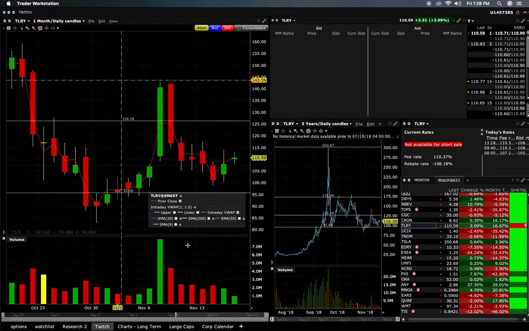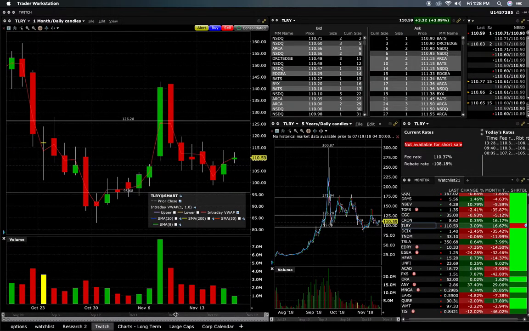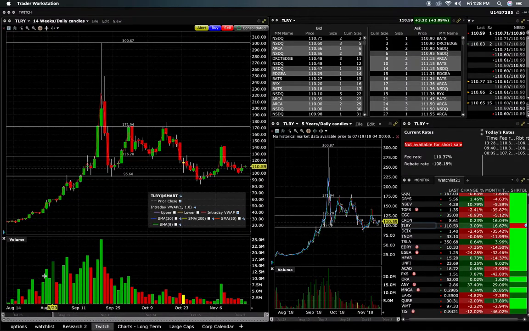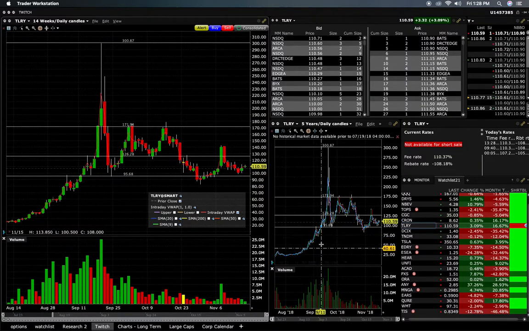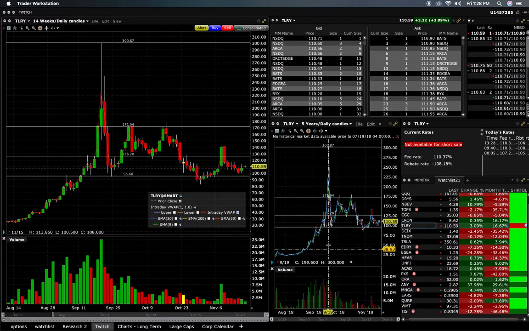Let's look at TLRY on that massive run up. So the volume weighted average price was, look at the volume. This is just insane. That move was incredible. But on these big volume days, I feel like TLRY has not really begun its decline. I feel like this has a lot more room to go down.